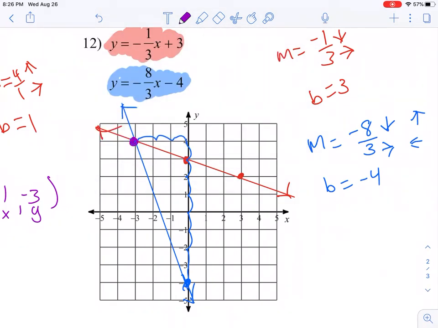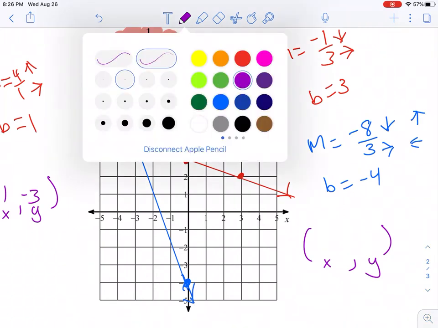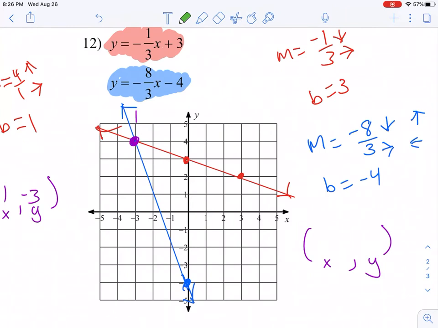This point in purple is where my red and my blue lines crossed. And if you notice, we need to write our x-coordinate and our y-coordinate. So if I were to follow my point down the line here, I'll show you this in green. I know there's a lot of different colors.